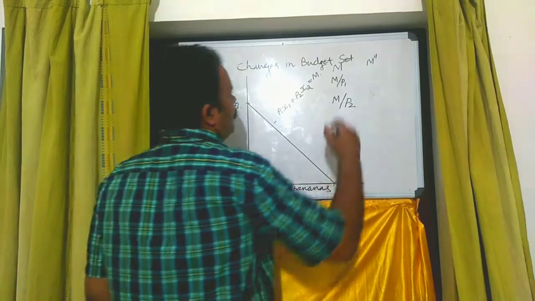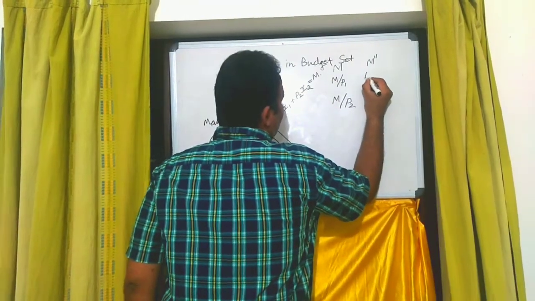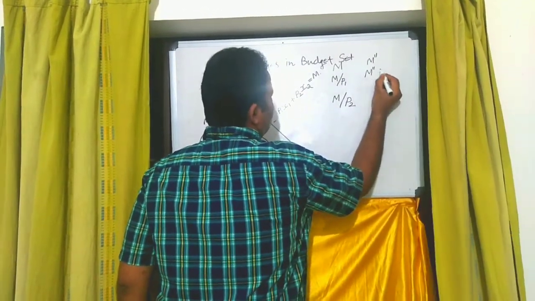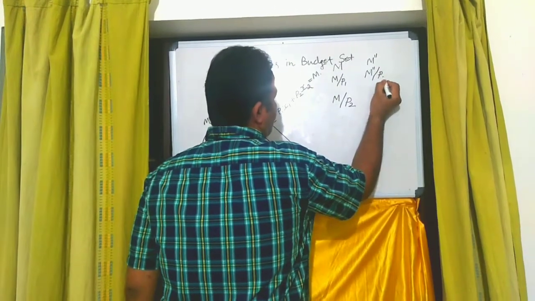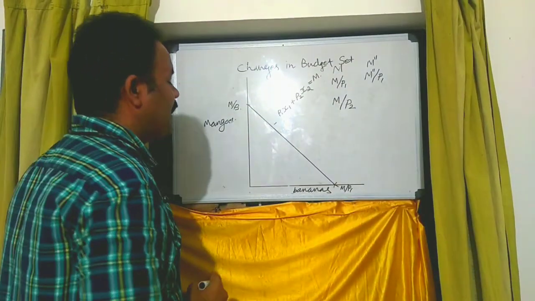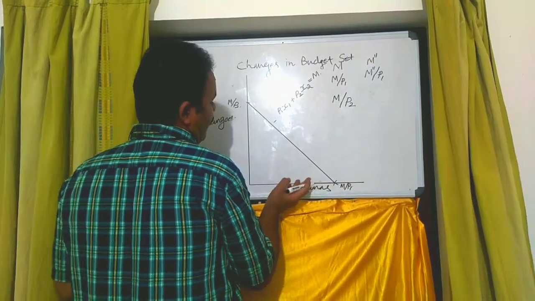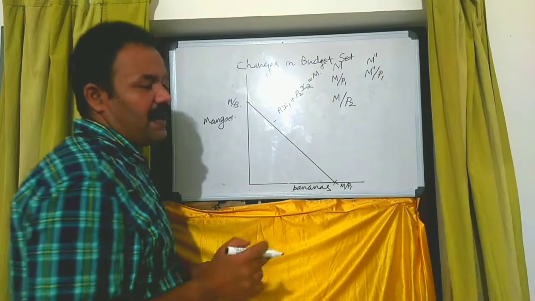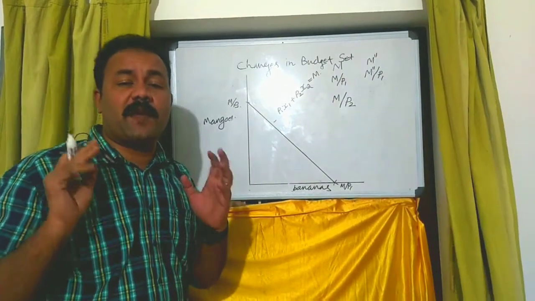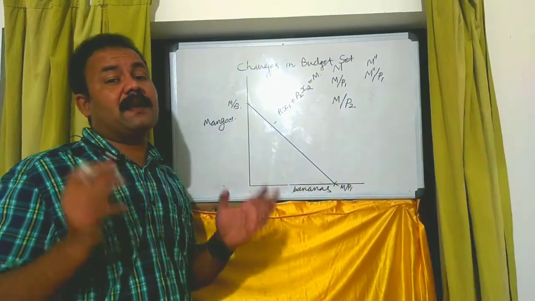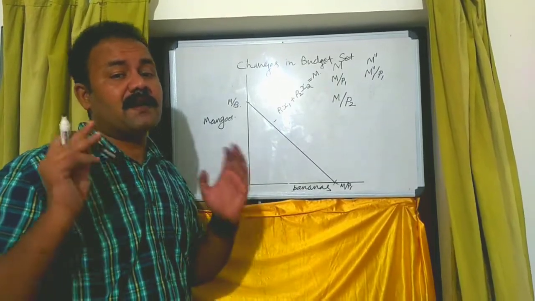Then the horizontal intercept will become M double dash by P1. Here the horizontal intercept will shift leftwards. Why? Here the prices of the commodities remain the same and the income of the consumer decreases.